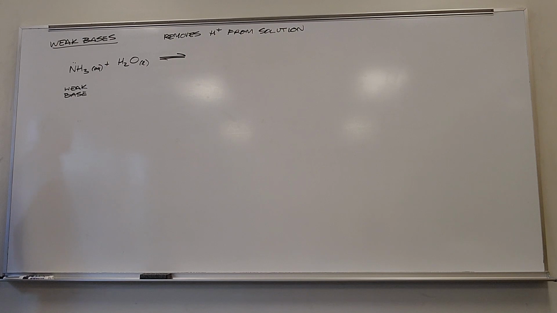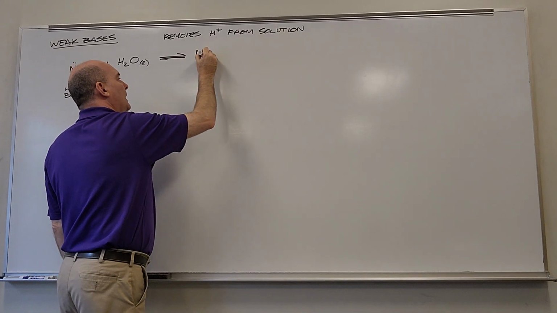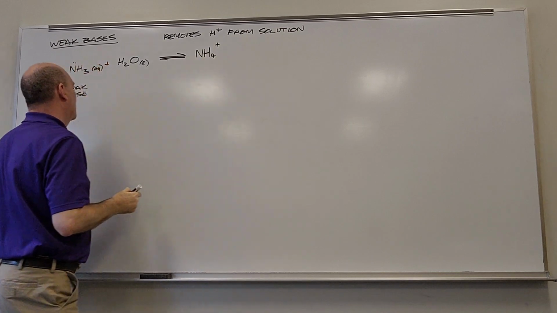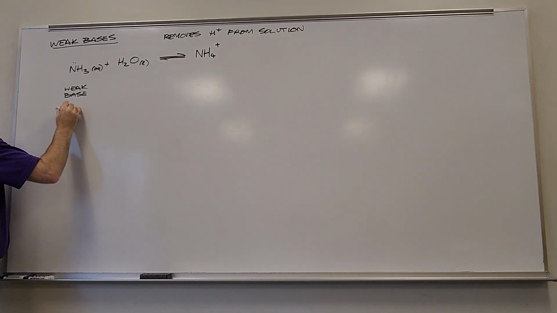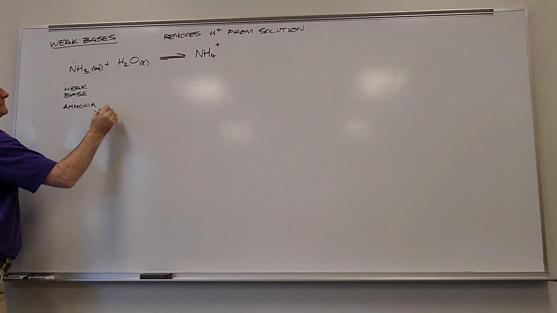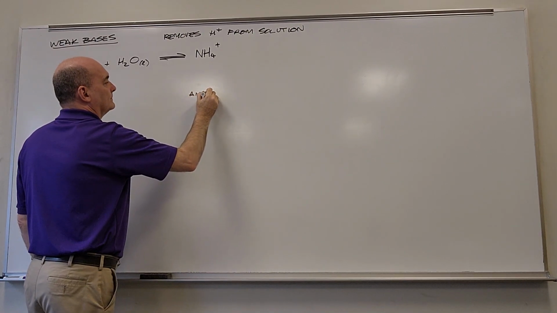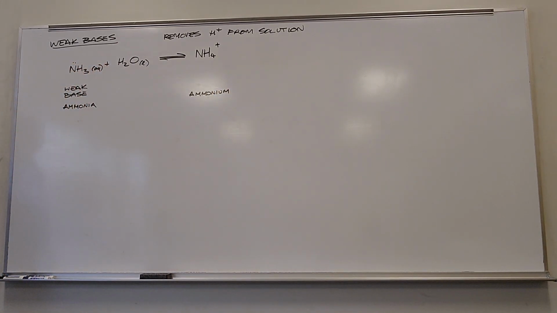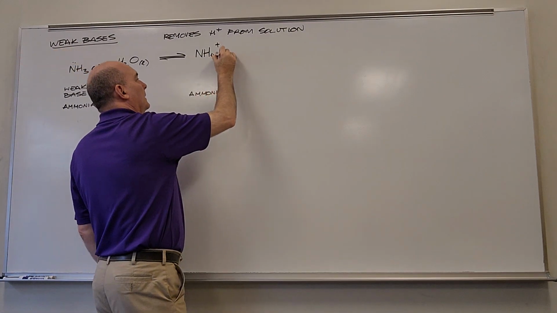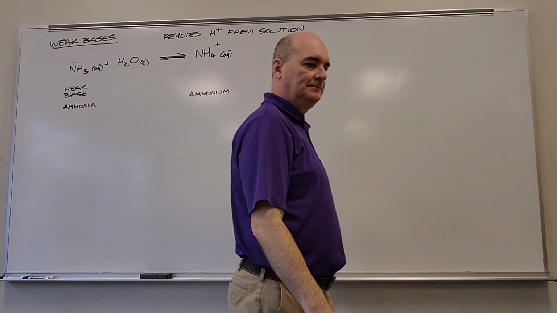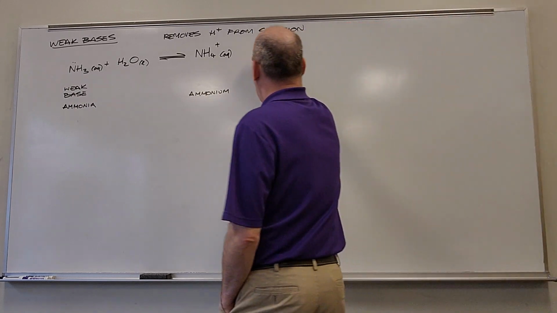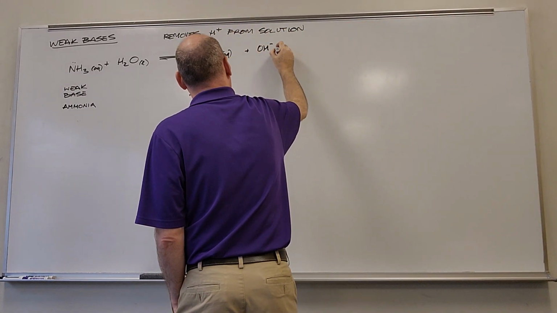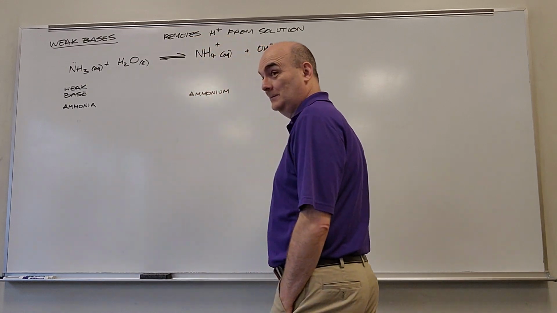So the pair of electrons on that nitrogen reaches out and grabs one of those hydrogens, and your ammonia becomes ammonium. What's left? Hydroxide, and that hydroxide will then go on and remove H plus from the solution.